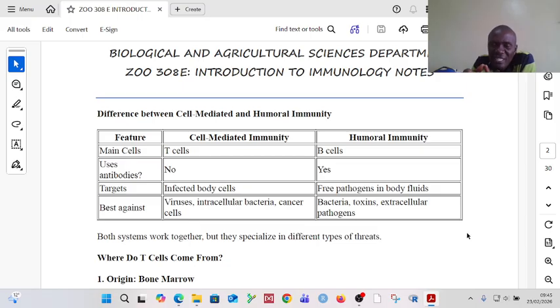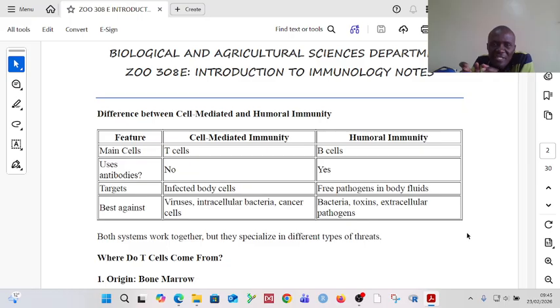Instead, it is targeting those pathogens that are found outside the cells. Okay? So it means then, for there to be proper protection, cell-mediated immunity needs to work together with the humoral immunity.